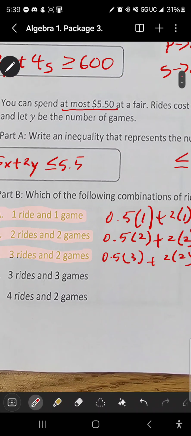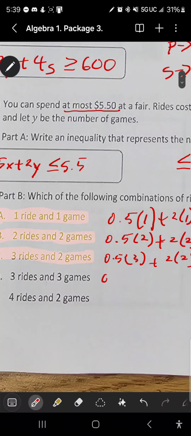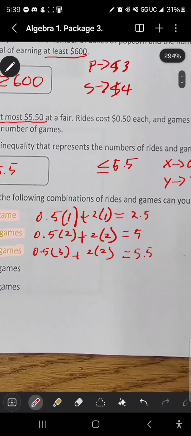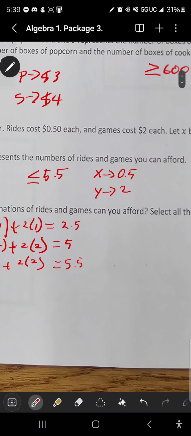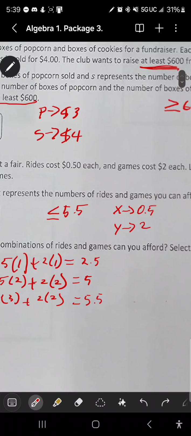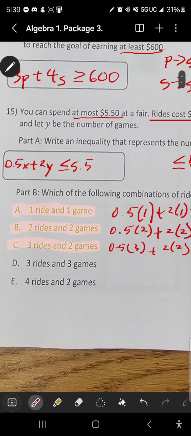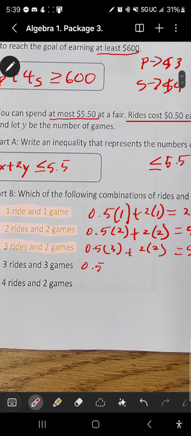Now let's see the next one. I'm going to use logic for this. If you didn't get the equation, but you got this part, you can say, okay, I know that each ride is 0.5 and each game is $2, because that's exactly what the problem says here. So for you to not get confused, you could say, each ride is 0.5, so 0.5 times 3.